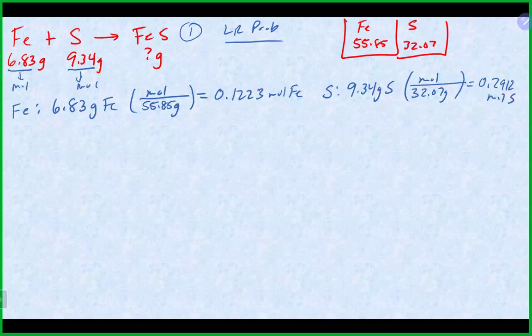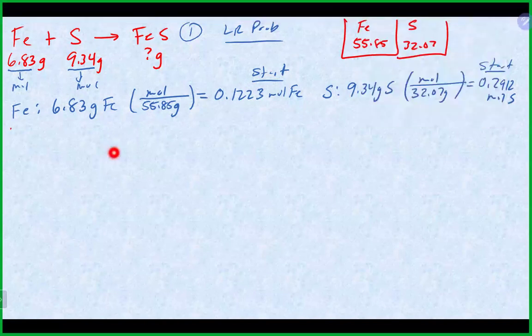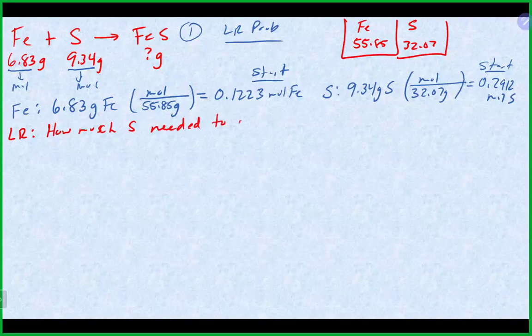So these really represent the starting amounts of each of these, how much I have to start with. Because it is a limiting reagent problem, I do need to do that calculation. To figure out my limiting reagent, I'm going to figure out how much sulfur is needed to use up all the iron.